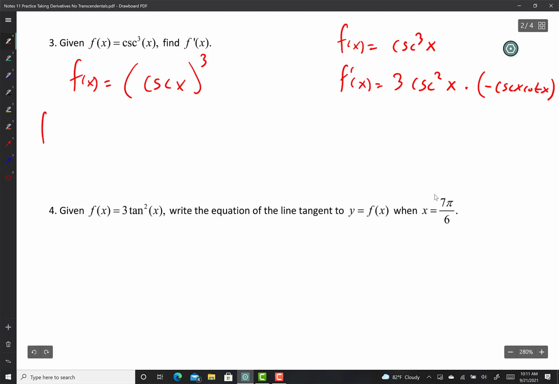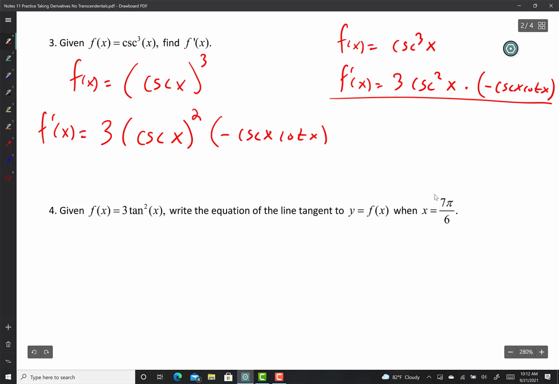Here it is, I'm doing it again. f prime of x equals, bring the 3 to the front, cosecant x, close it, to the power 2, see? Times derivative of the inside, negative cosecant x, cotangent x, which is the same thing that I have on the right-hand side. But that's only if you feel comfortable that you can do that. If you don't feel comfortable yet, then don't do it.